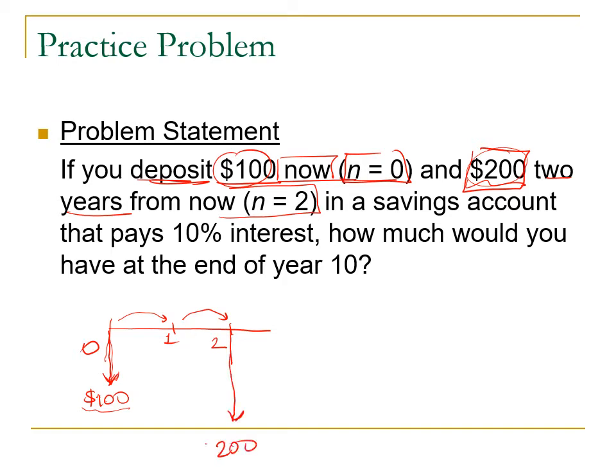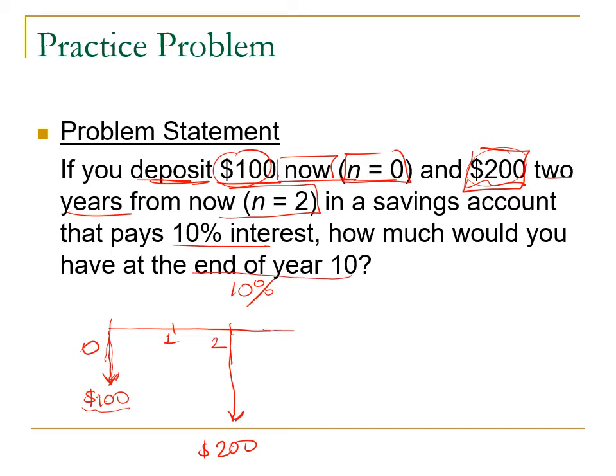So this will be helpful in visualizing the amounts of these transactions. So these are the amounts that we deposit into the bank account, and it says that there's a 10% interest rate. So let me write this 10% here. And then it says, how much would you have at the end of year 10?